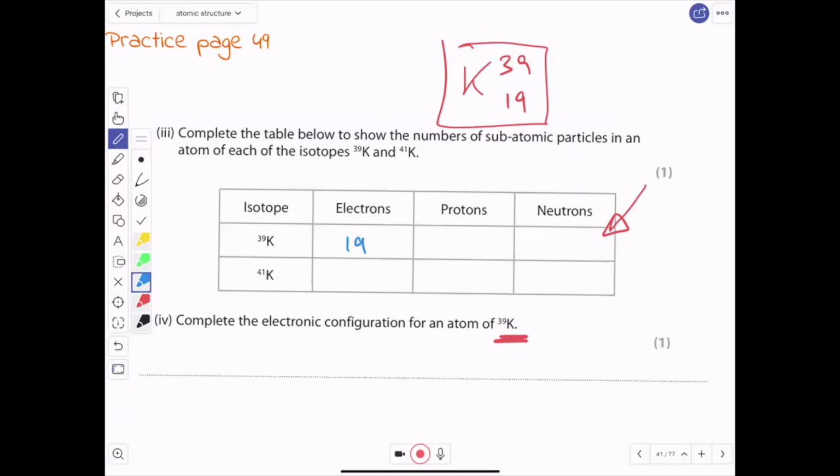Protons? 19. Neutrons, 20. 39 minus 19, so that is 20, right? Yes. The other guy, what's the only thing that's supposed to change here? Neutrons. So what do we change here? So this becomes 22. And that's 19, 19. All right.